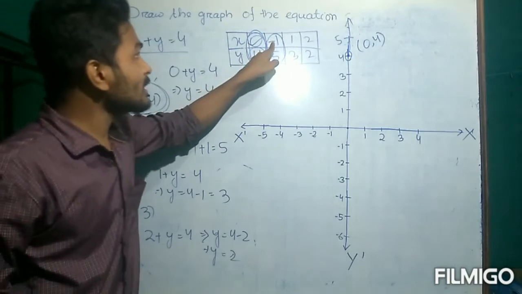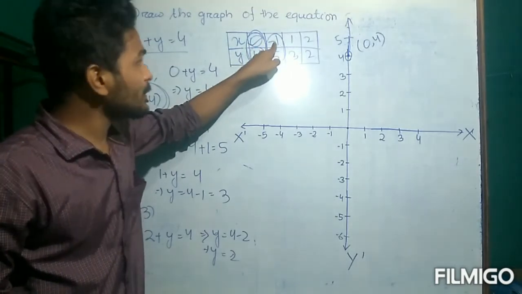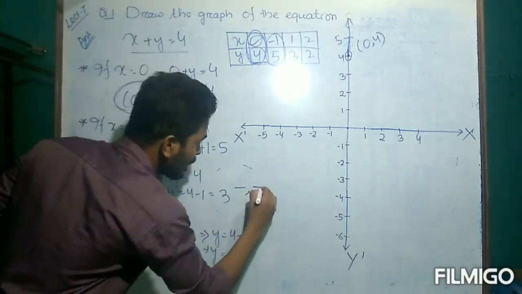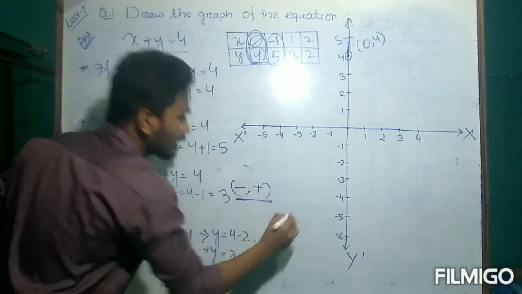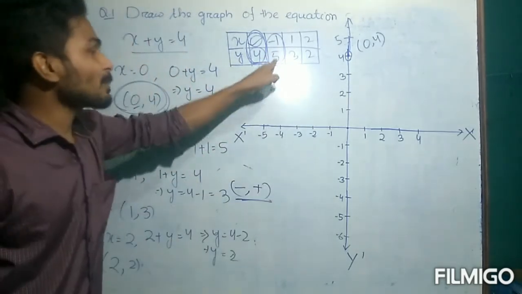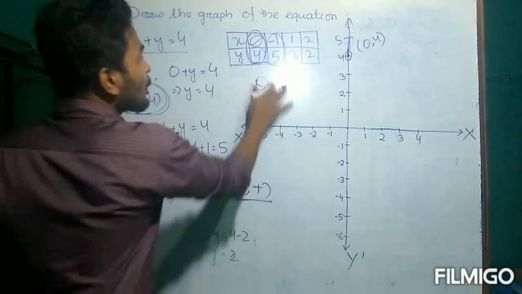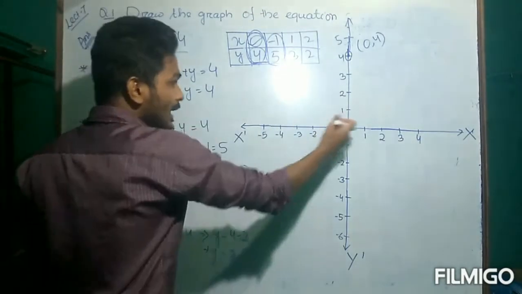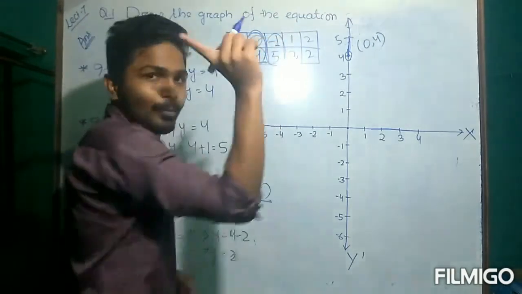Next, let's represent the second one. Here the x coordinate is -1. That means it has negative sign and y coordinate has positive sign. Okay, negative, positive. That means this point will lie in which quadrant? In quadrant 2. So this point should lie in this quadrant. So let's represent it. -1. So you have to move towards the negative direction of the x-axis up to 1 unit.